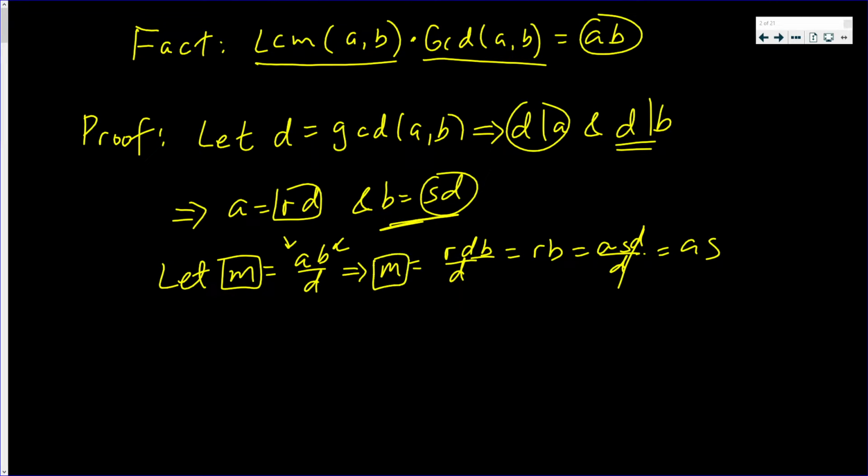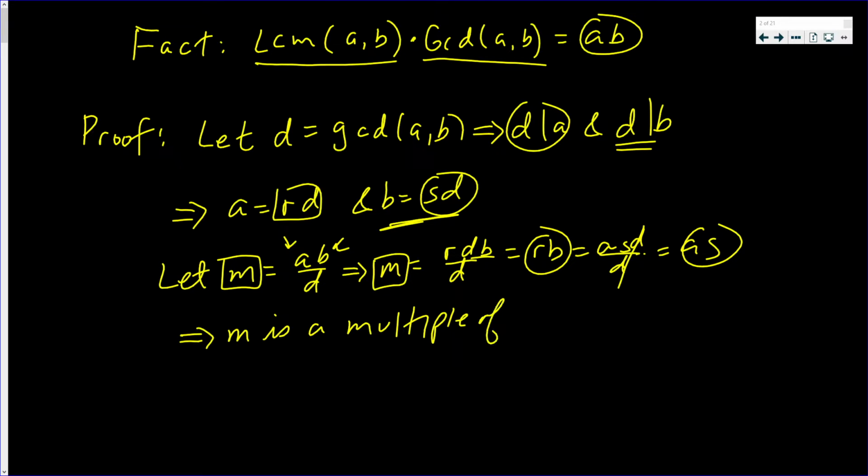That is, M is A times S. Well, that implies that M is a multiple of B, and M is a multiple of A. M is a multiple of A and B.